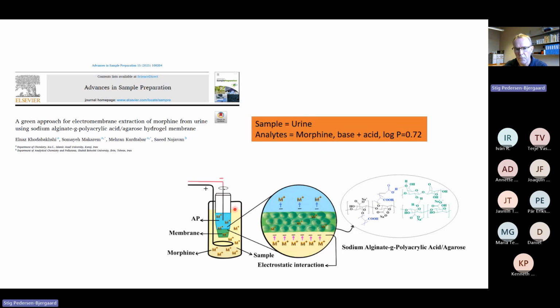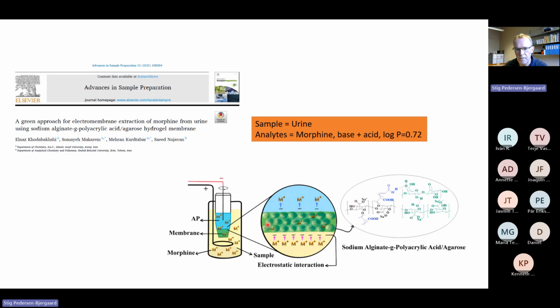But the most important part in this system is the membrane, because this is not an organic solvent, but an aqueous gel. So they use an alginate, polyacrylic acid, agarose mix gel, as you can see the structure over here.